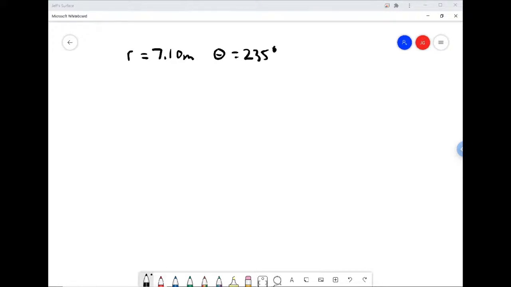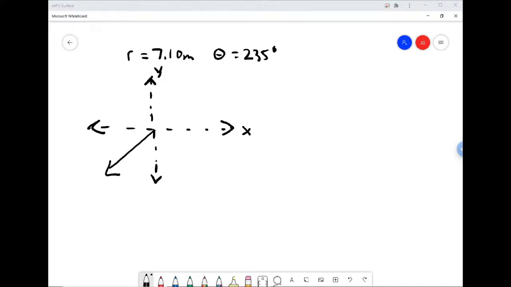So if I were drawing this, what would it look like? Let me draw coordinate axes. Here's my y-axis. There's my x-axis. So this vector r points down and to the left, something like that.